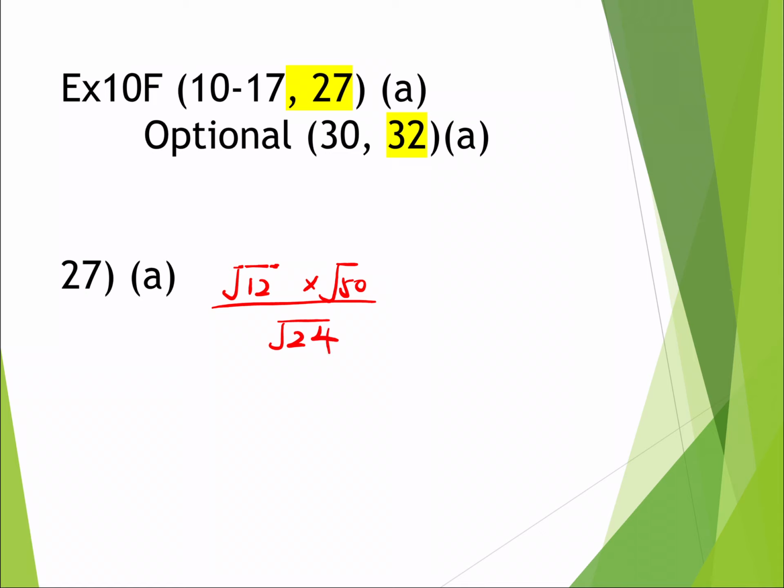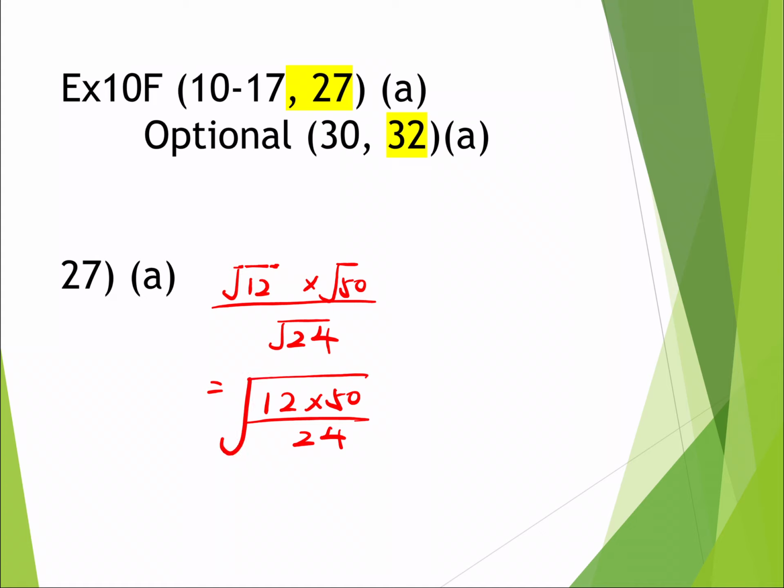It is a mixed operation of multiplication and division. So first we can simplify by combining the numbers together. So it will equal square root of 12 times 50 divided by 24, because with multiplication and division, we could combine them all together.